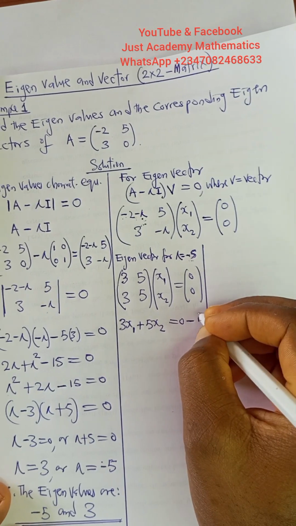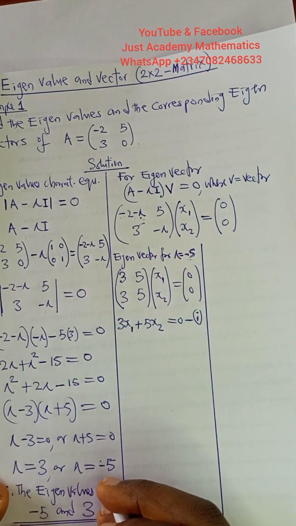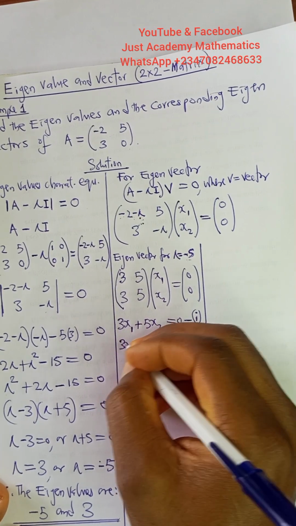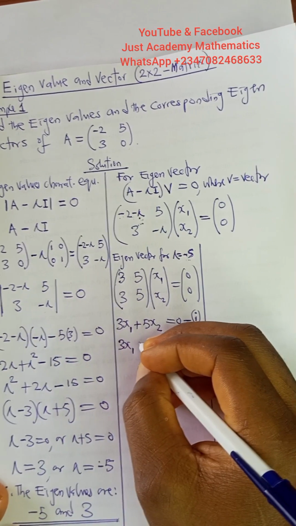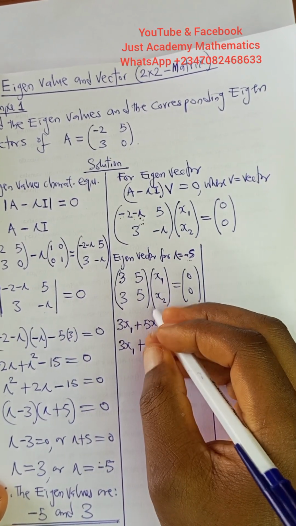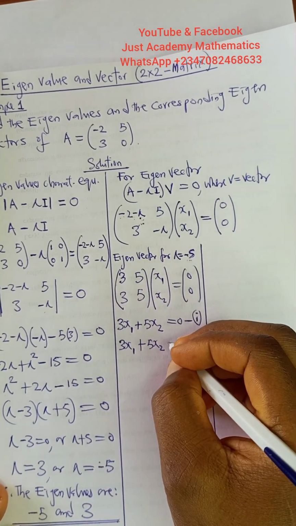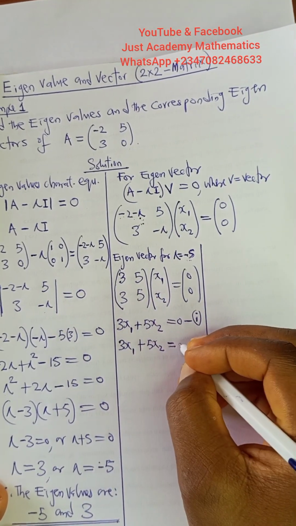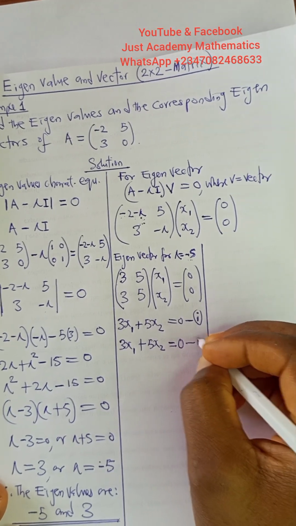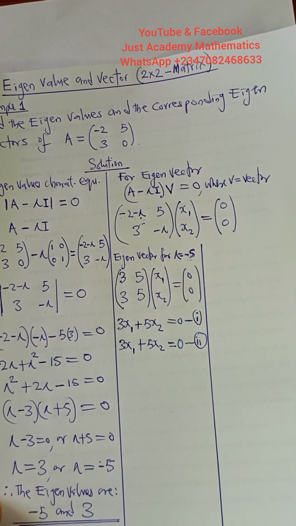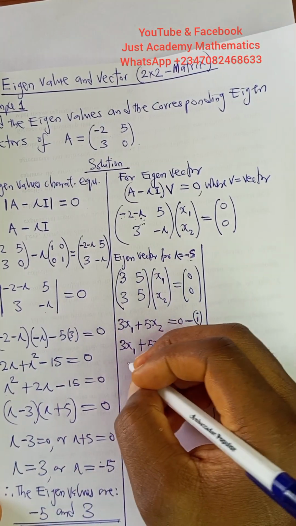We can call this equation 1. We do the same thing: 3 times x1, again we have 3x1, plus 5 times x2 will give us 5x2. That is for the second row, equals to what again? 0. Equation 2.